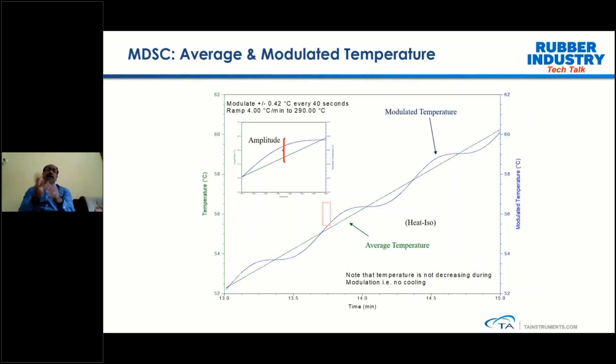Now I want to talk about the advanced mode, the MDSC technique. MDSC is one of the pioneer and most advanced techniques in DSC. The major benefit of MDSC is that, first of all, it will increase your sensitivity of detecting a very weak transition.